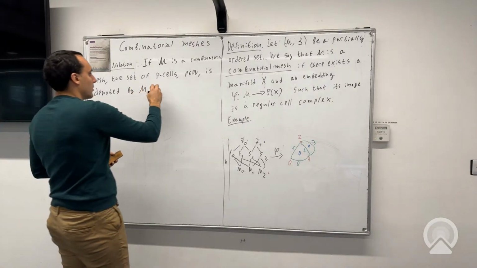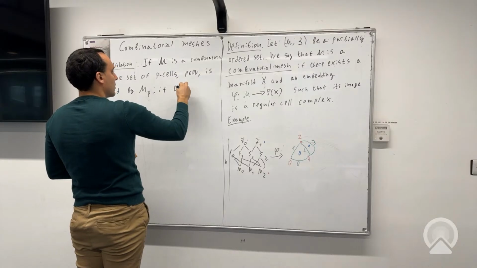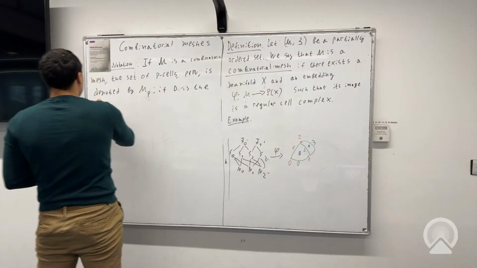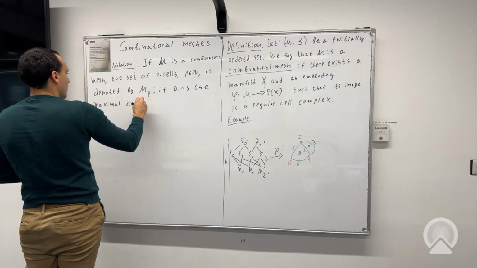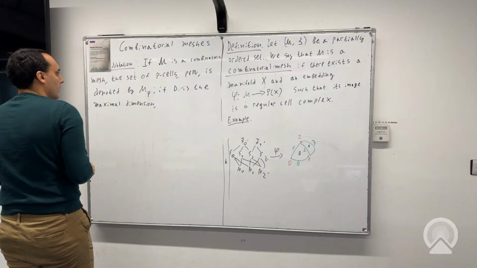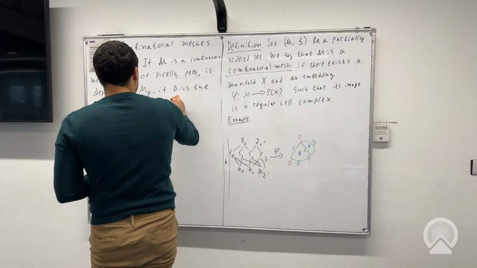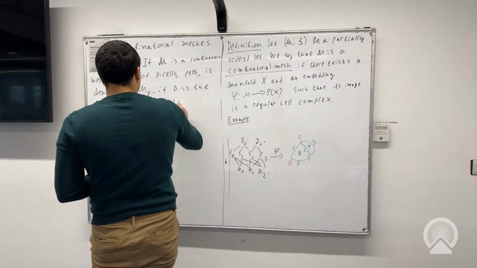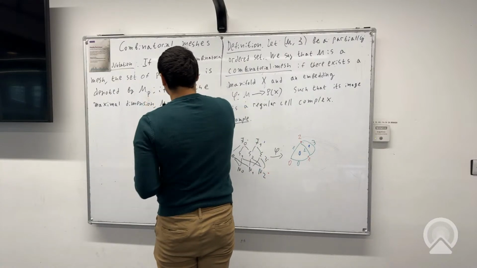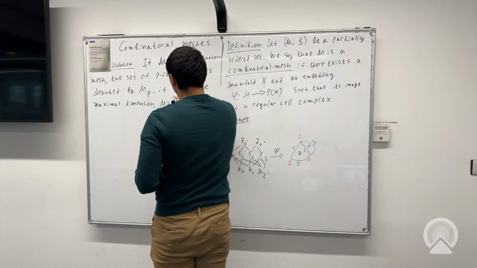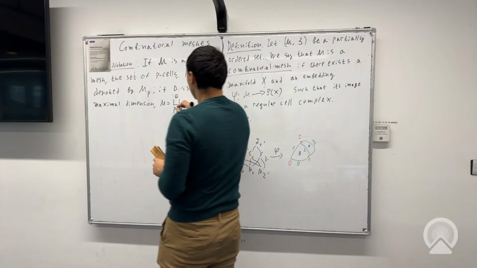And if D is the maximal dimension, M is the union over P from 0 to D of M_P. This is even a disjoint union, so this symbol is used.